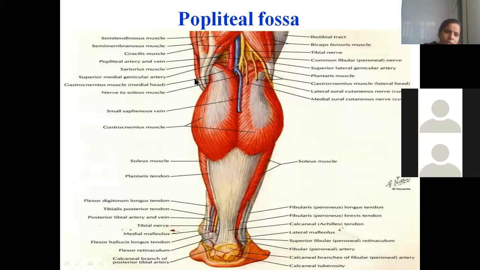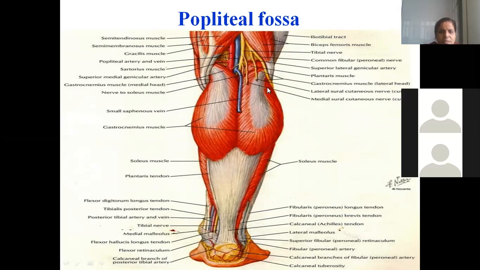Now see here, we were discussing semimembranosus, semitendinosus, biceps femoris. See what are the various muscles you are finding here. This is semimembranosus, the one which is deeper, which looks like a tendon is semitendinosus. On the other side you have the biceps femoris.